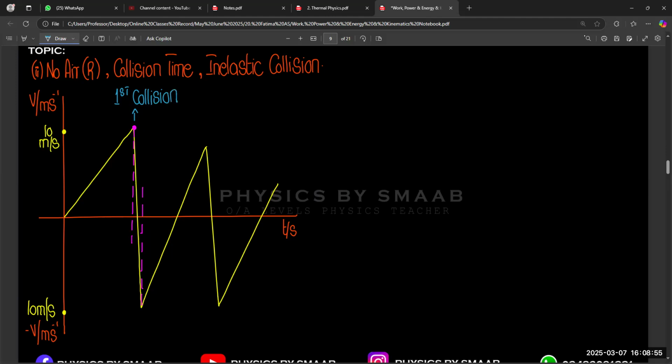Then we have the second collision. Because of energy loss, the new value is different from the first.